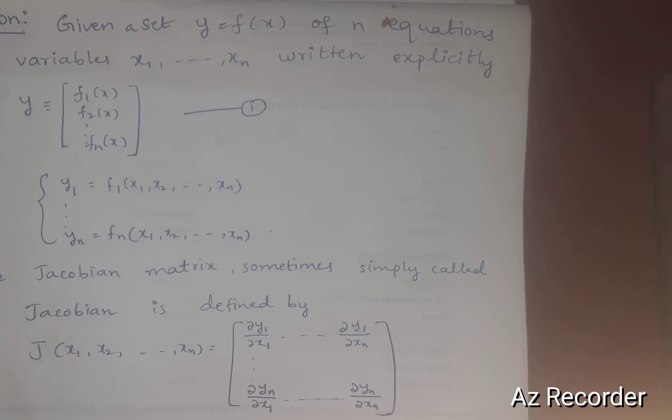The Jacobian matrix, sometimes simply called the Jacobian, is defined by J of x1, x2 and so on xn equal to the matrix with partial derivative of y1 with respect to x1, partial derivative of y1 with respect to x2, and so on, partial derivative of y1 with respect to xn. Similarly, here partial derivative of yn with respect to x1 and so on, partial derivative of yn with respect to xn. So this is an n cross n matrix.